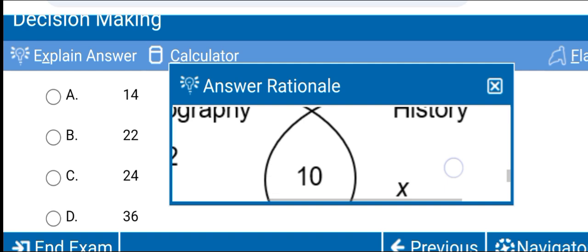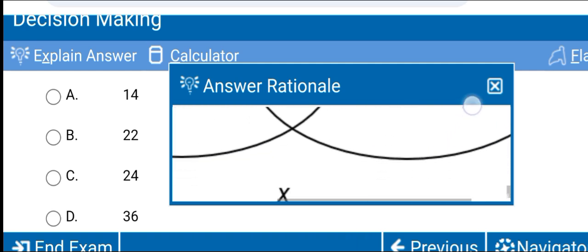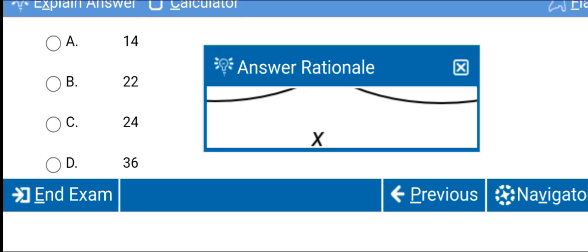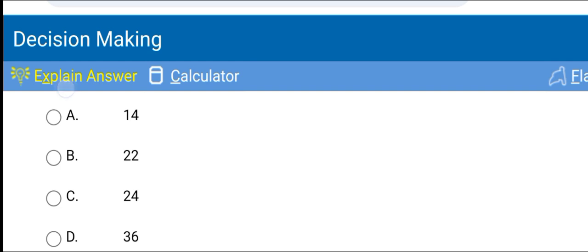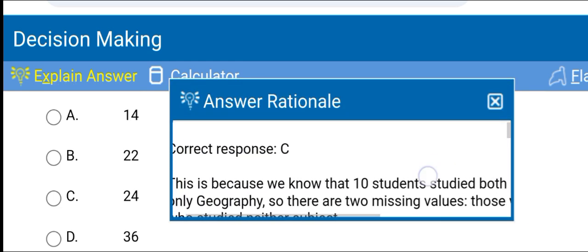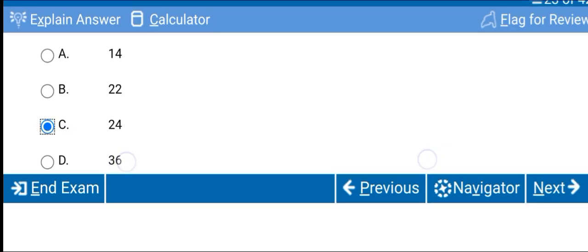Geography 12, history we don't know, and both we have 10. That's how you can conclude your answer and say that option C is the correct option, that is 24.